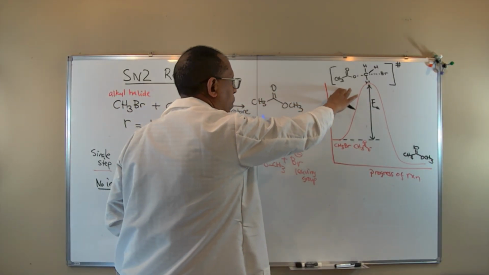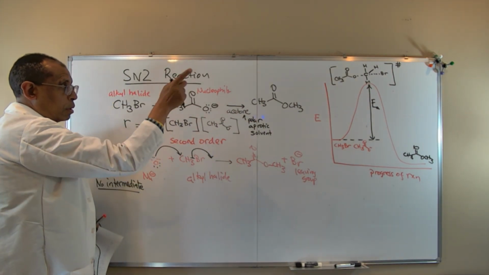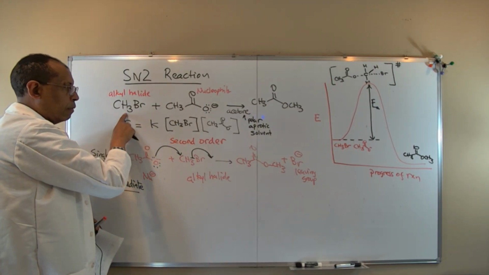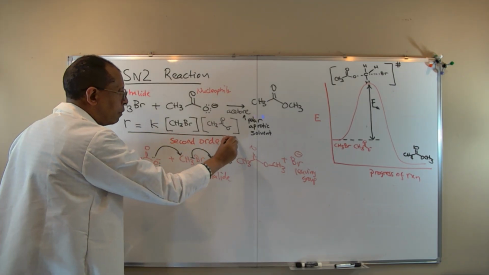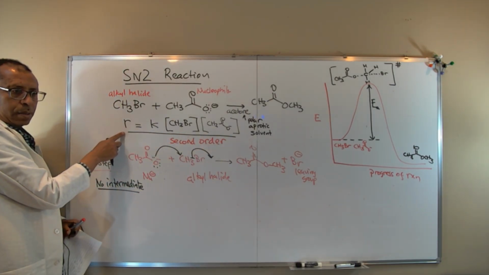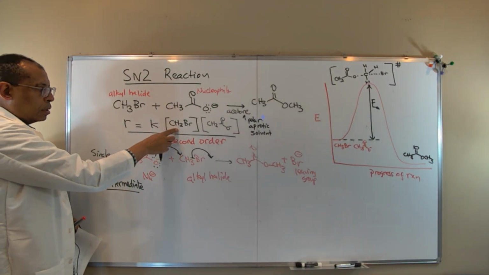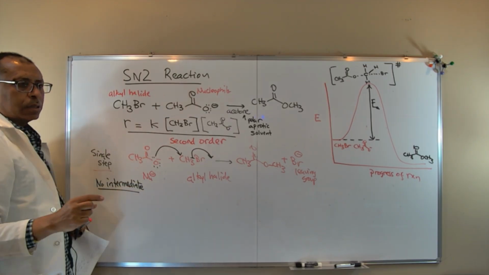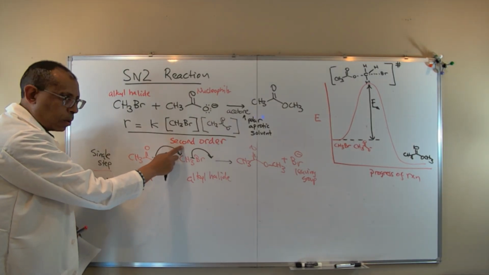The highest transition complex is important for two of the participants, the nucleophile and the alkyl halide. That's why you have this kind of rate kinetics. The rate kinetics is important. It depends on the nucleophile, that's why it's second order.